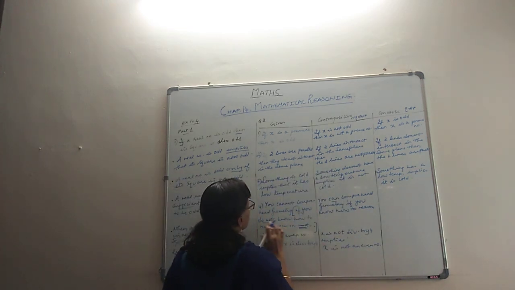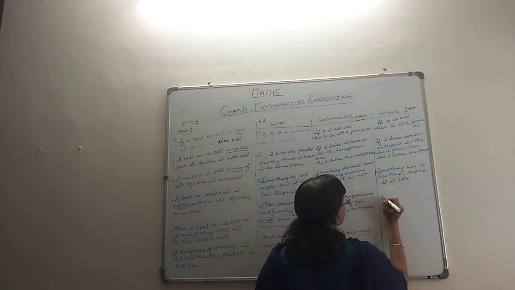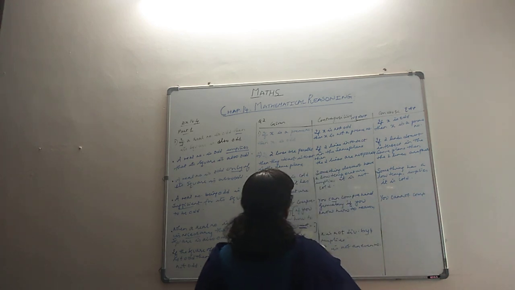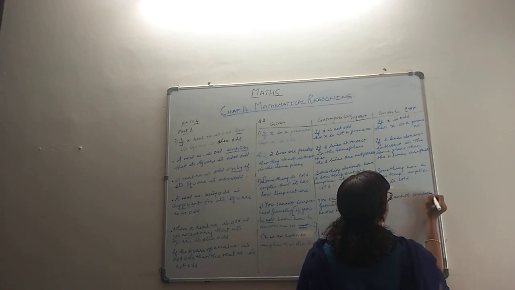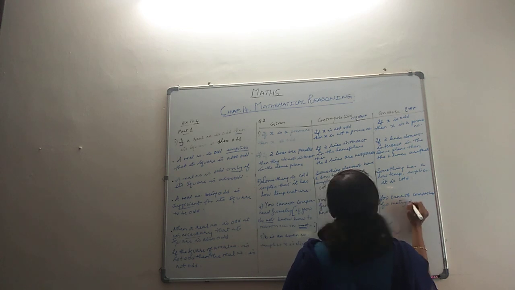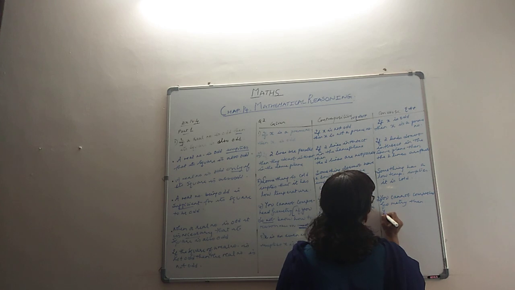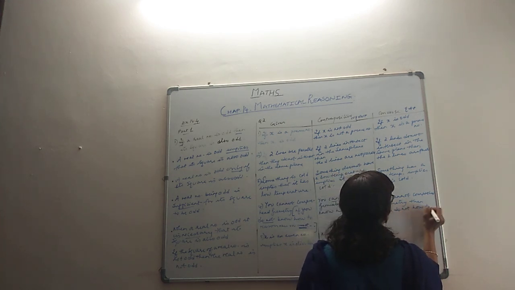Then again we'll go to this part. This is better: if you do not know how to reason, then you cannot comprehend geometry. So the converse: if you cannot comprehend geometry, then you do not know how to reason.